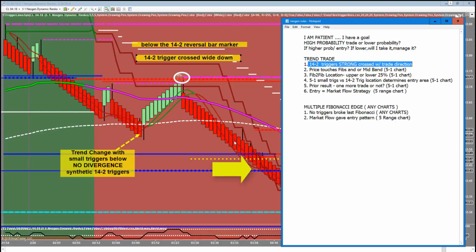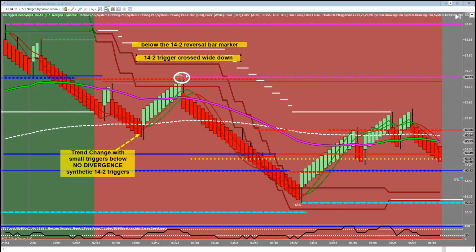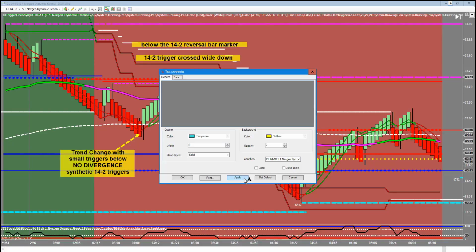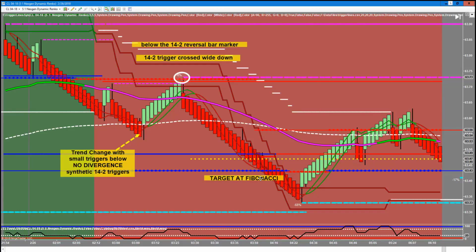Get in at resistance and you work your way down to support. We'll take a look at the numbers here. So 63.73 down to 63.43, pretty easily $200 to $300 potential between the targets from Fibonacci to Fibonacci.